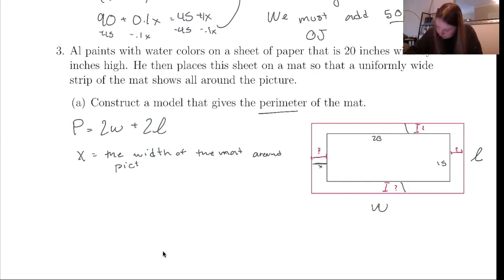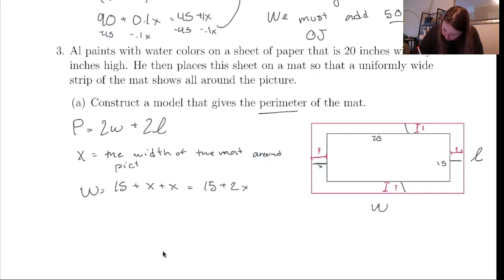This distance. So my width, I know it's going to be 15, and then it's going to extend X onto one side and X on the other side. So it's going to be 15 plus X on one side plus X on the other side. So 15 plus 2X.